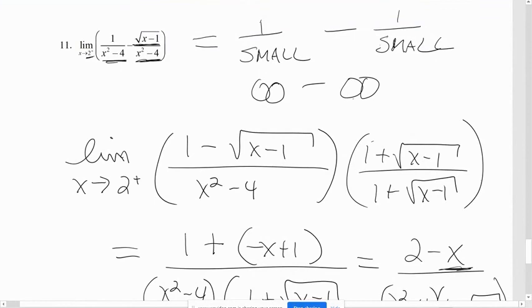And what that means is the two infinities are really close to each other because it's almost 0. So if the infinities were going towards infinity at the same rate, then it would be 0. But it appears that the negative 1 is going just a little bit faster. And the reason why I know that is because my answer was negative.